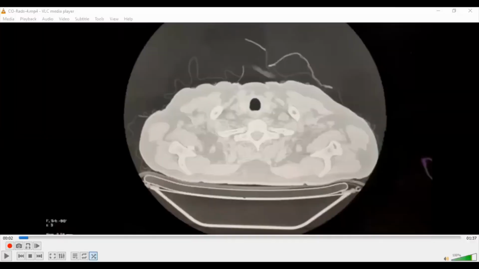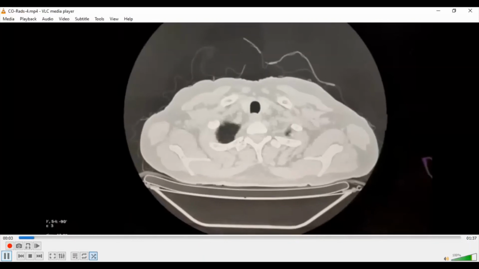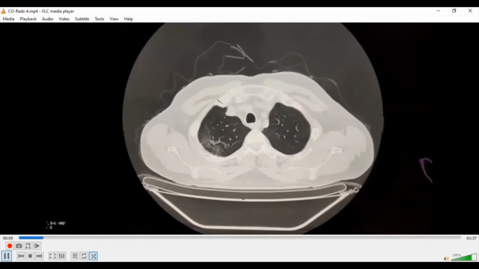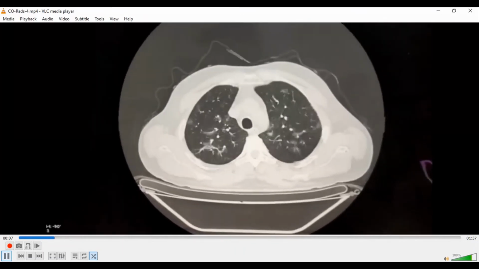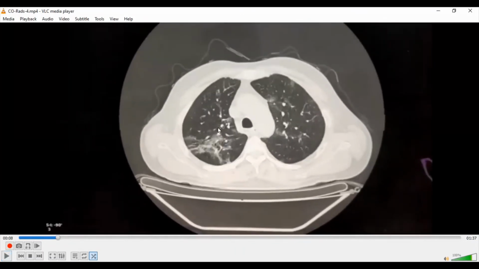Now this is a video of a COVID patient. Here you can see that the GGOs started appearing very early, and as we scroll down, we can see multiple GGOs along with some consolidation, multiple GGOs distributed all over the lung field.